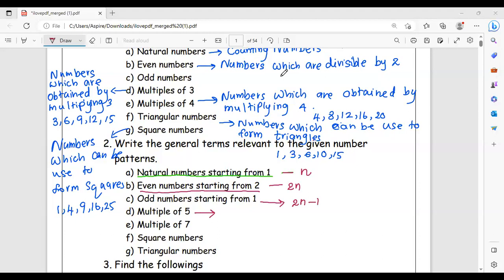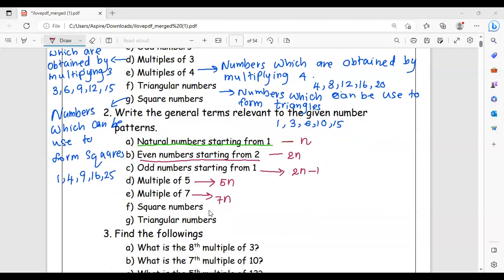What is the general term? 5n. Multiples of 7? 7n.